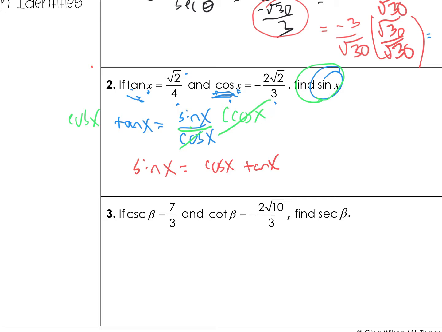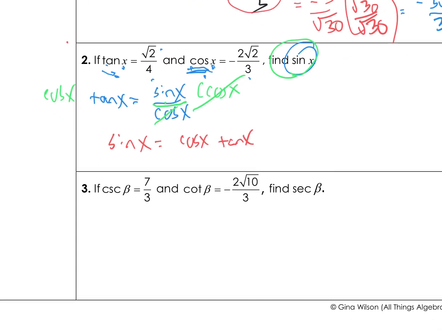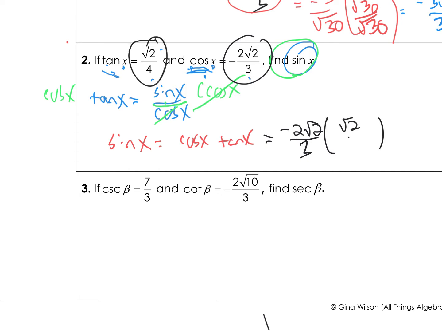Well, if you think about it, I can continue this. Let me plug in everything I know. Cosine of x is the negative 2 square root of 2 over 3, and the tangent of x is the square root of 2 over 4.